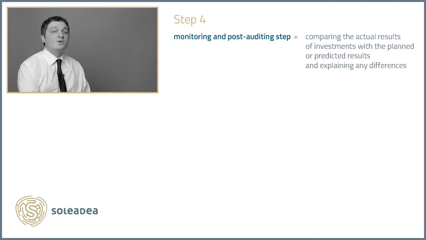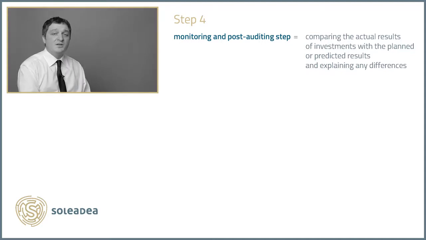Well, you can't change anything in relation to that particular project, but you can learn lessons for the future. Ex post audit allows you to monitor the forecasts and analyses that underlie the capital budgeting process and improve company performance. It also allows you to respond if sales or costs are out of line.